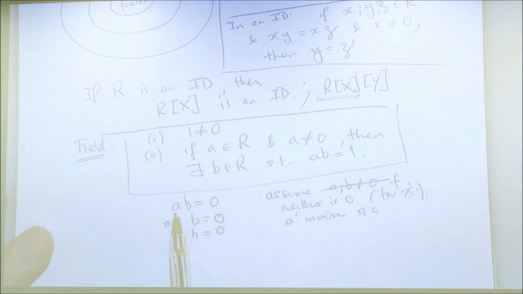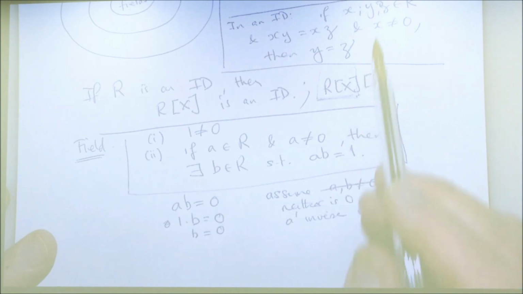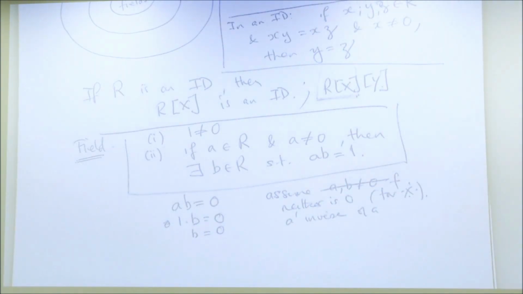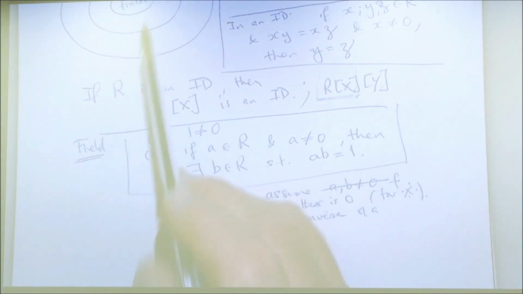So if A is not 0, then B is. Similarly, if B is not 0, then A is. Which is exactly what you want for this to hold. So fields are necessarily integral domains.